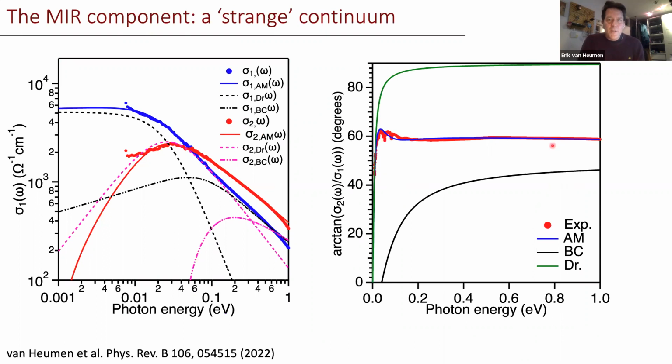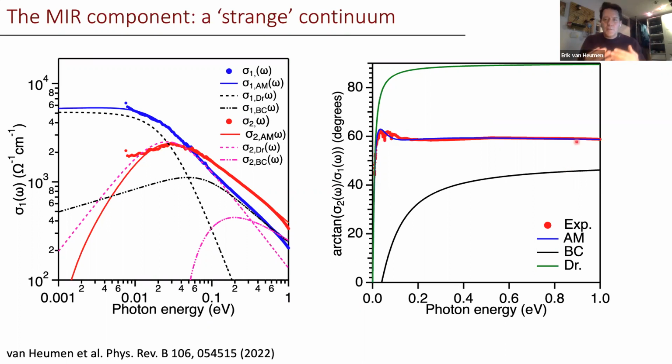But there's one surprising thing that comes out of that, and that's that the exponent of the mid-infrared contribution that is put into the fit is actually a lot smaller than the exponent that you would get if you read it off simply from the experiment. In the experiment, you would guess that the phase angle is 60 degrees, which corresponds to an exponent of 0.66 or 0.65, roughly something like that.